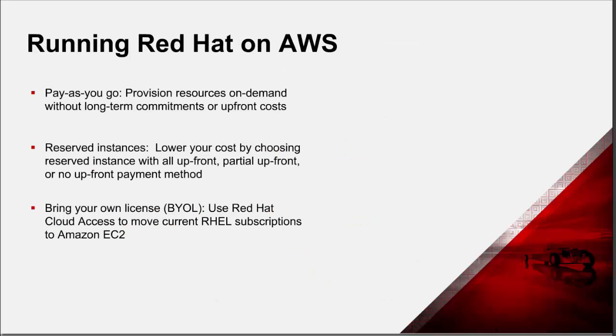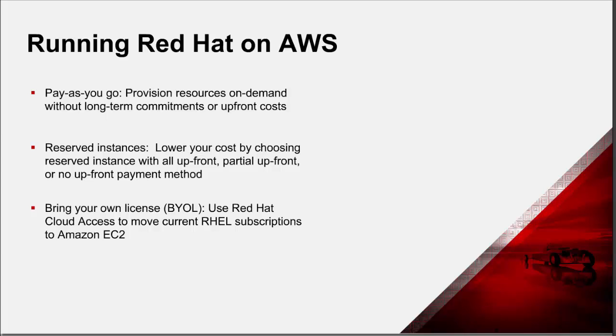So what does it mean running Red Hat on AWS? This might answer one of the questions in the chat. You have different ways to manage the subscription. If you launch an instance in AWS, you have the chance to pay as you go. That means Amazon provides you with the subscription for the time a particular resource is running.